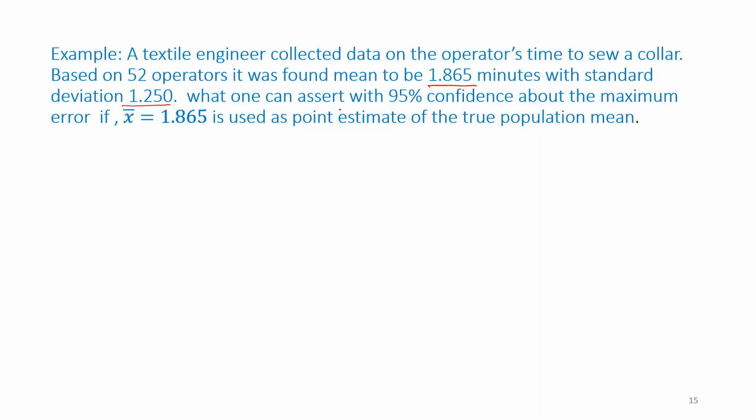What can one assert with 95% confidence about the maximum error if x bar is 1.865? What is the error or the tolerance? Tolerance or error basically means the same. This is what we need to find out.